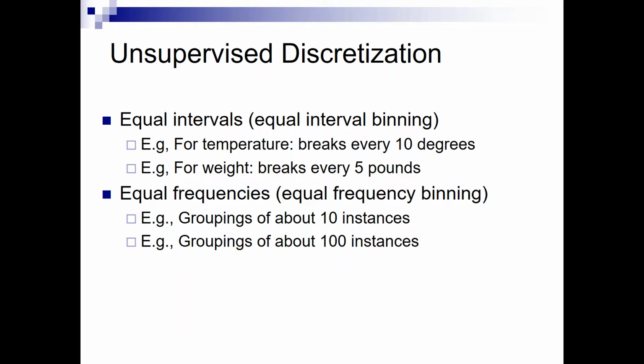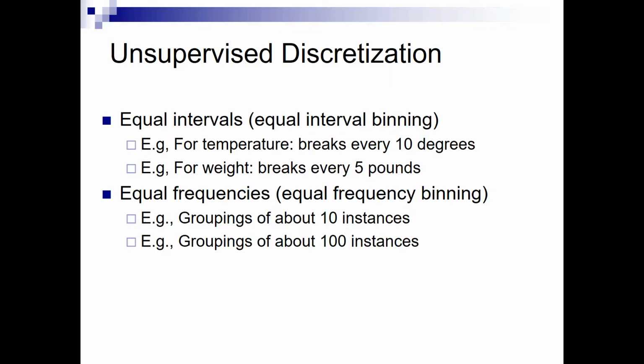There's no reason why 70 degrees Fahrenheit is a particularly meaningful place on a temperature range. But the reason you would have picked it with equal frequency binning is that you would get roughly half of your data on one side and half on the other.